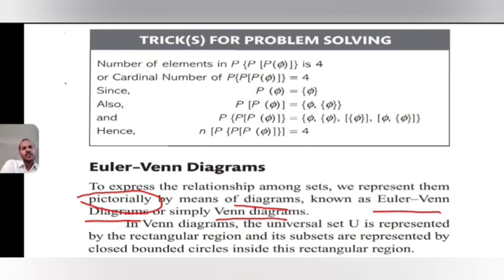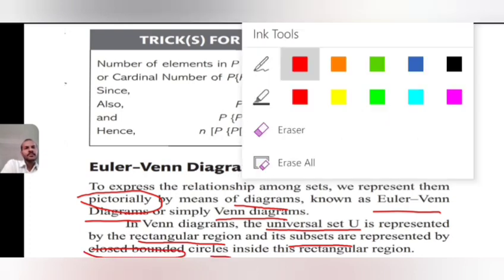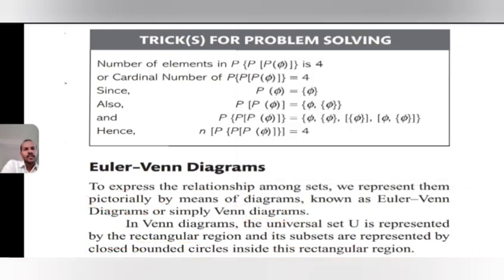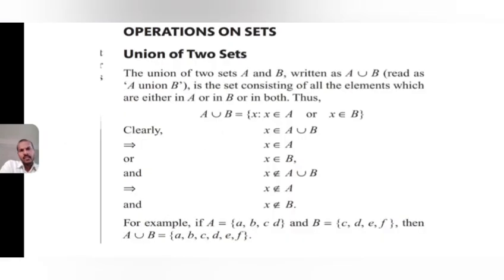In a Venn diagram, the universal set U is represented by a rectangular region, and its subsets are represented by closed bounded circles inside this rectangular region, right? We will see its operations on sets in the next slide.